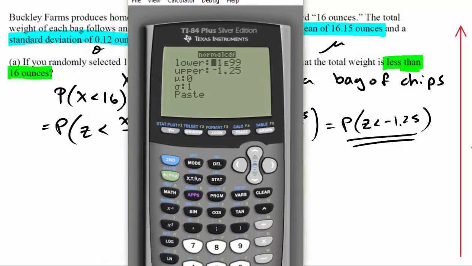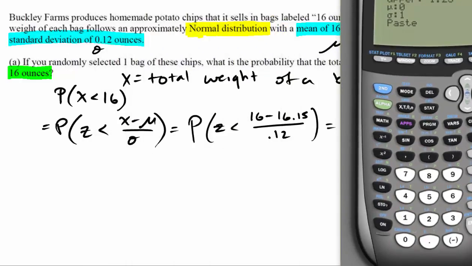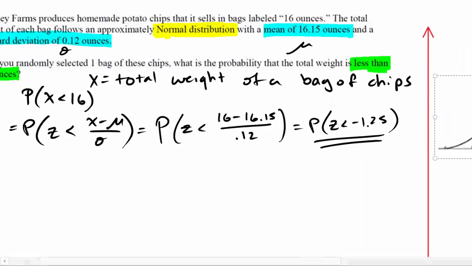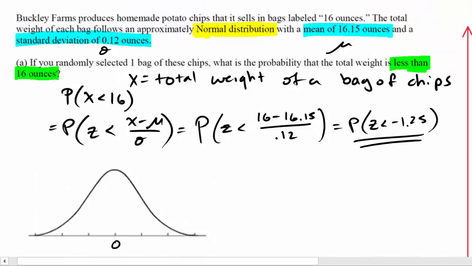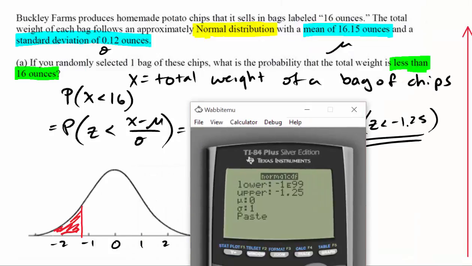The reason being is, if I look at a normal distribution curve, if I set mu to be 0, and negative 1, negative 2, 1, and 2 are my standard deviations, I'm essentially looking for the area, everything below, right here. So I want to go from negative infinity to negative 1.25. I can use an integral, but it's much easier if the calculator is available.